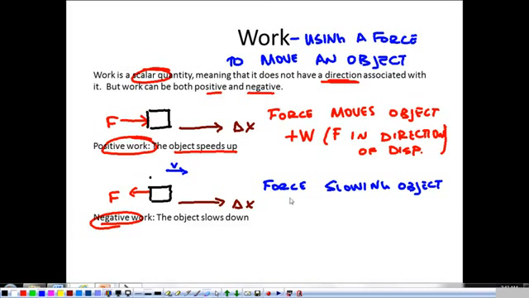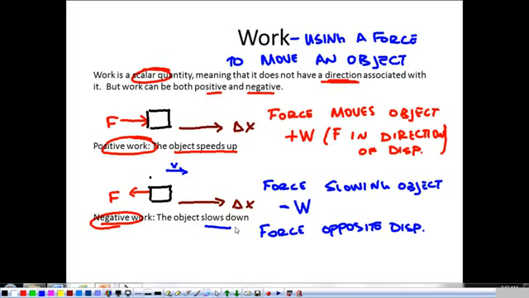That's the opposite of speeding it up. So we're going to call that the opposite of positive work. That's negative work. That's force opposite displacement. That's negative work. My object slows down. That's not helping me move forward. That's positive and negative work.